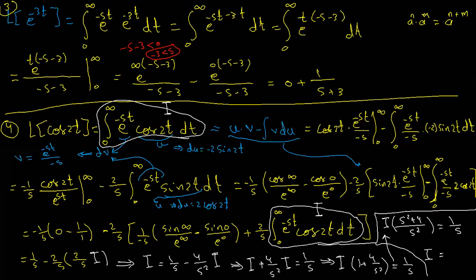You will take, Professor, s squared up, and s squared plus 4 down. So the I is what? Can anyone give me the final answer, please? Take s squared up and cancel out with one of those s. So here s. Take this down, so it is s squared plus 4. Also, this is the rule of Laplace of cosine 2t.